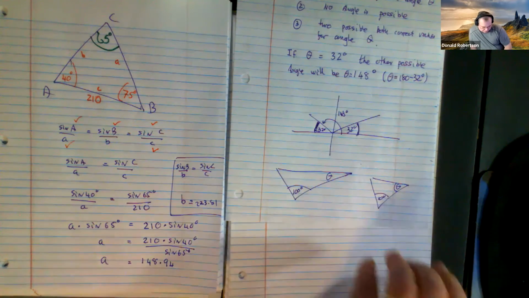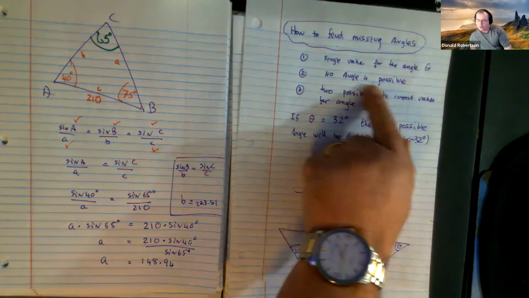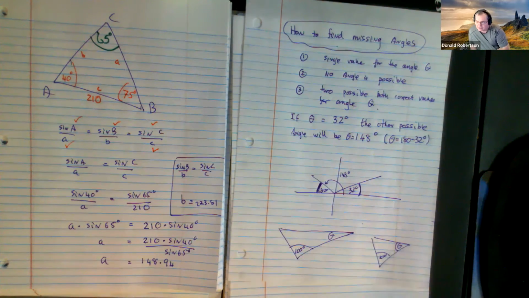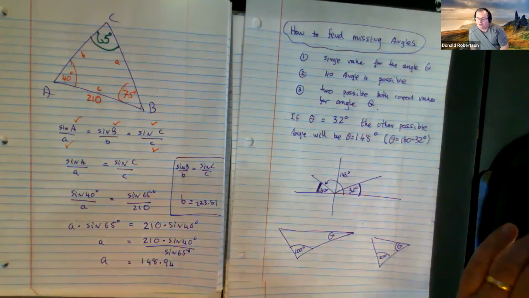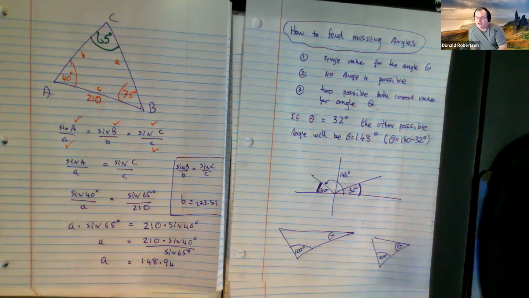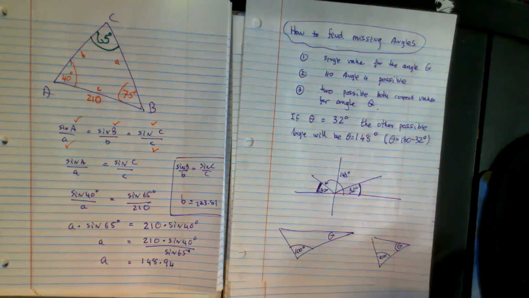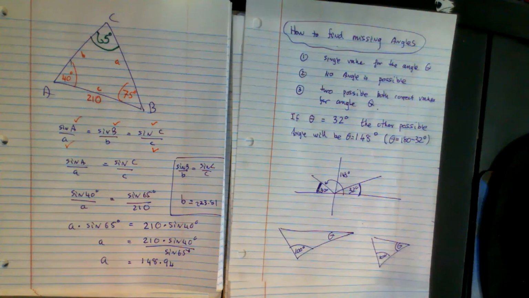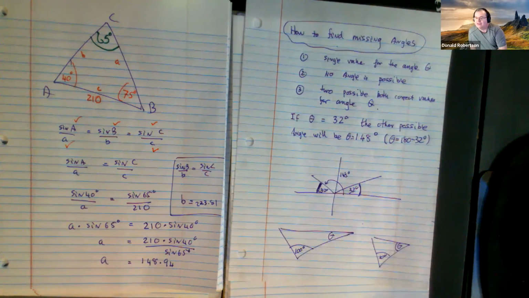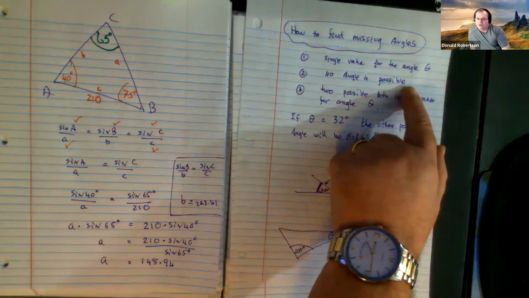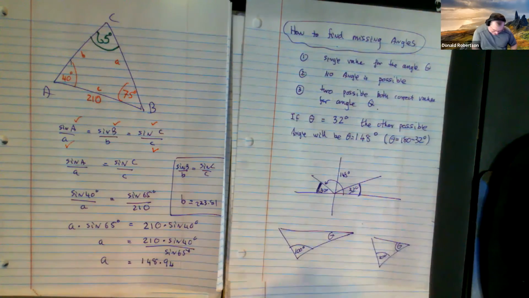Now you might say, well, how do you get no angles possible? When you do the calculation, you're going to end up with something like the sine of theta is 3.2. And you know you can't get sines bigger than 1. And when you try to do inverse sine, the calculator's going to keel over and say error. So whenever the calculator says error, you know that no angle is possible. So that's the three possible things that could happen.